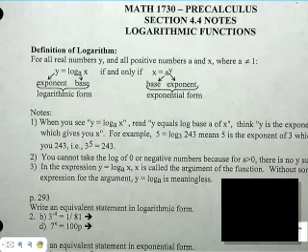The exponent of 3 which gives you 9 is 2. So log base 3 of 9 equals 2. All right, that's all logarithms mean.